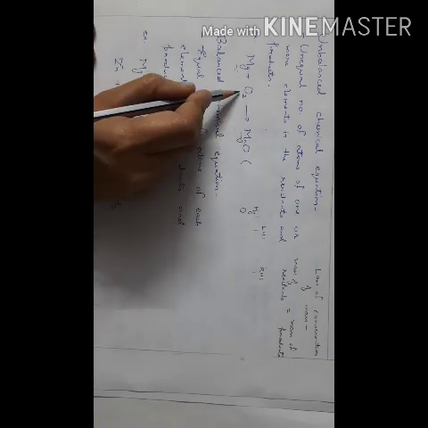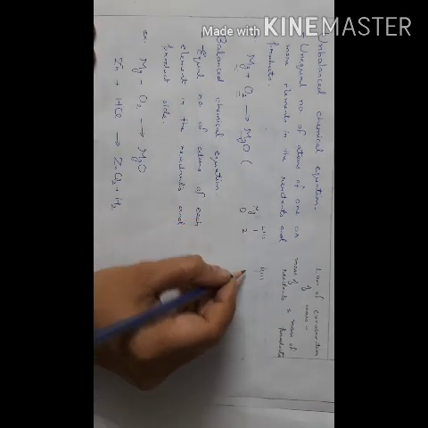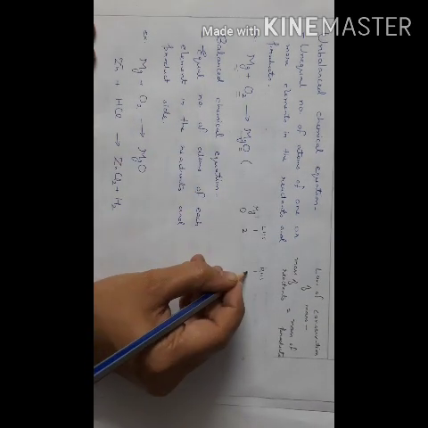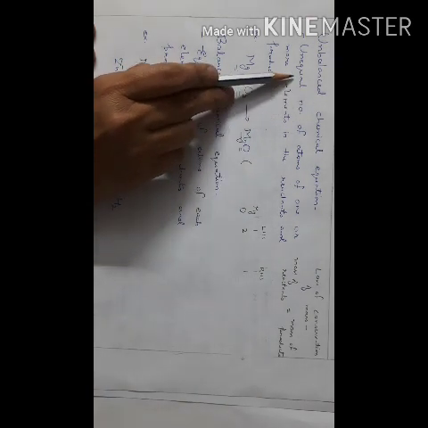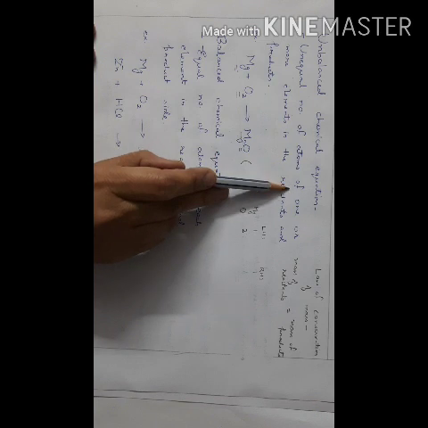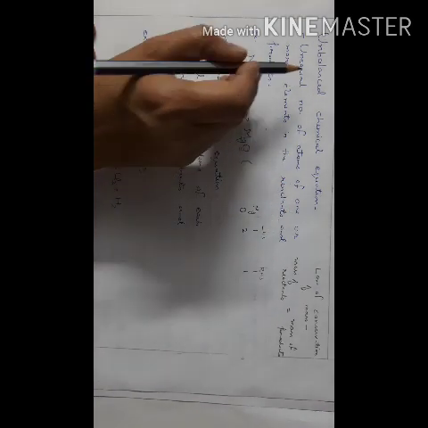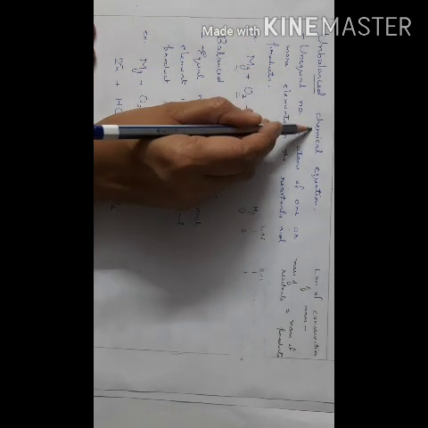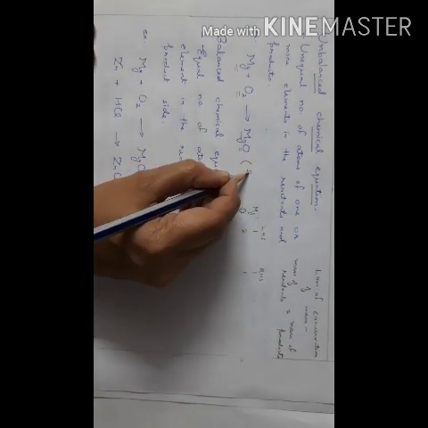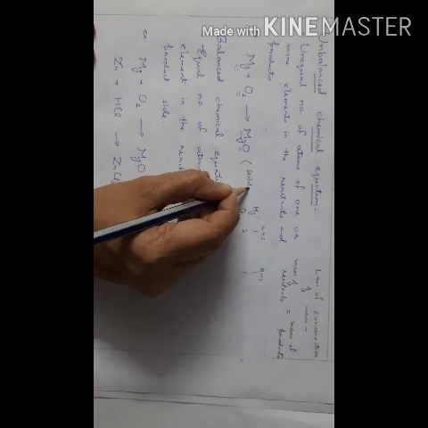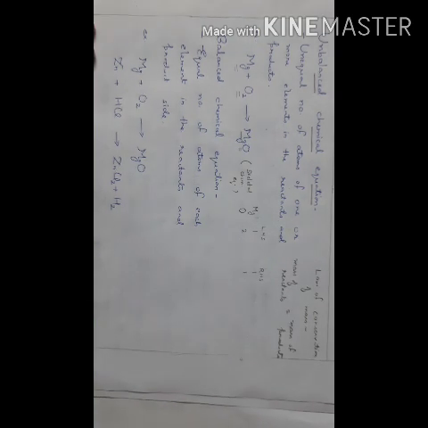If we compare oxygen, the left hand side contains two atoms of oxygen while the right hand side contains only one. Such an equation, which contains an unequal number of atoms of one or more elements on the reactant and the product side, is known as an unbalanced chemical equation. This equation is also known as a skeletal chemical equation.